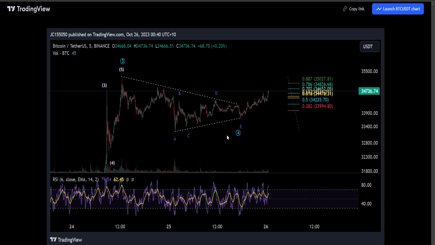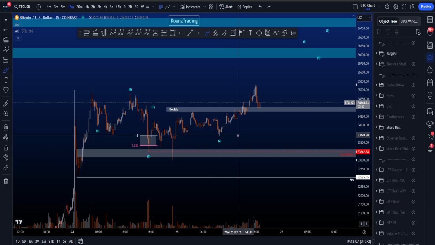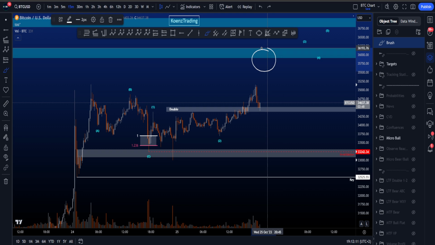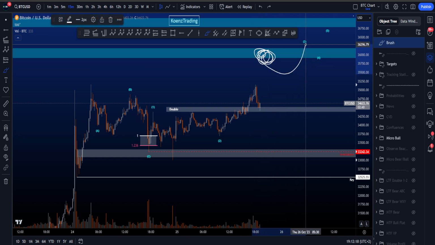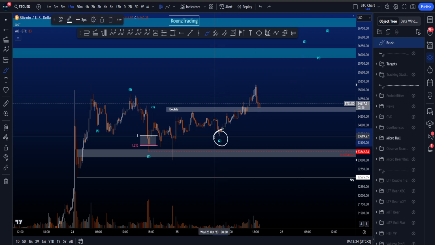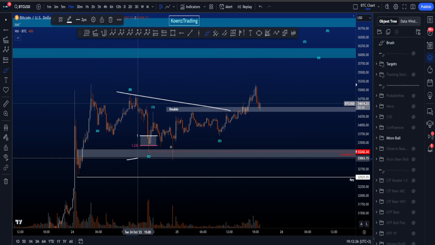Now, I'm usually not a big fan of triangles, but if you do get continuation from this low to the upside and you do not reject at 36K for potentially an expanding flat, you want to see a move down. But if you observe the reaction, there we go again, but then you see continuation, then of course this over here preferably is the low for then potentially a triangle.